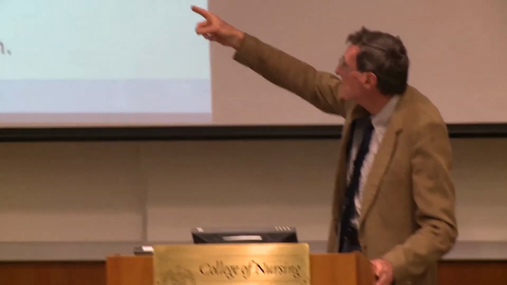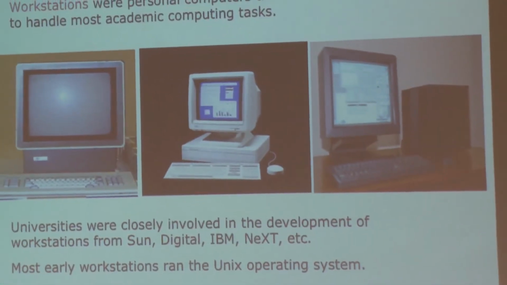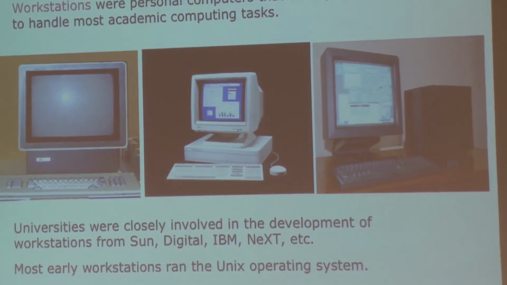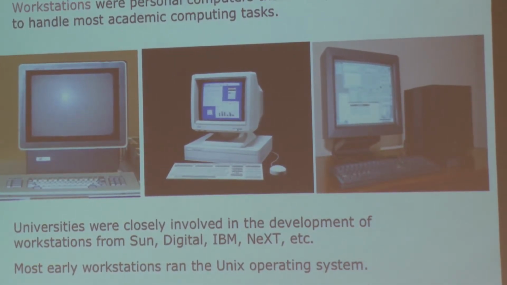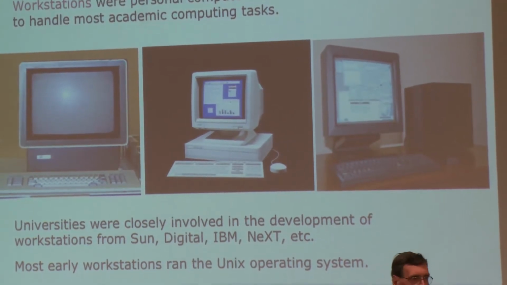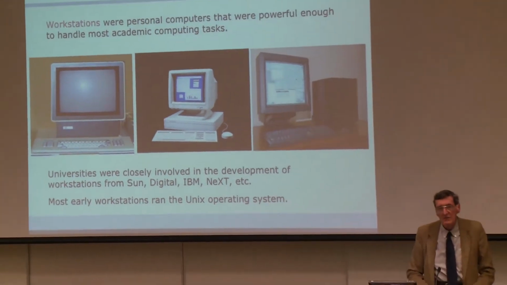The one in the middle is a Microvax. The Microvaxes were almost as powerful as that VAX 11/780, the big box that I showed you. The one on the right is a fun computer. In the mid-1980s, Steve Jobs was thrown out of Apple for being a jerk, which he was. He deserved to be thrown out. And he spent quite a lot of time visiting universities.